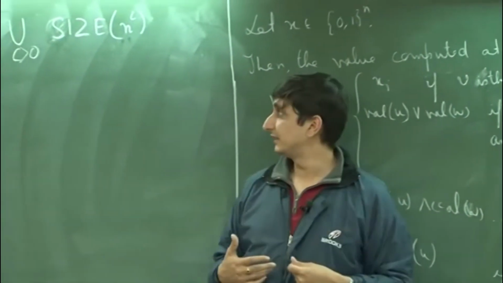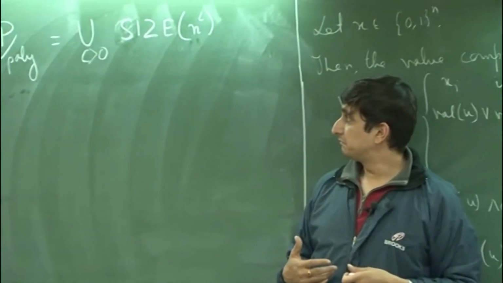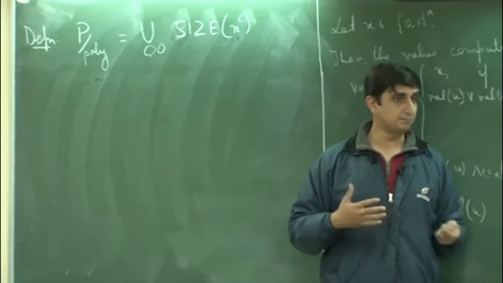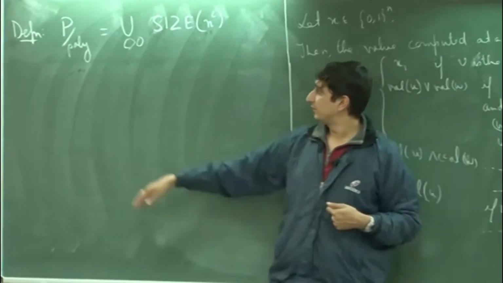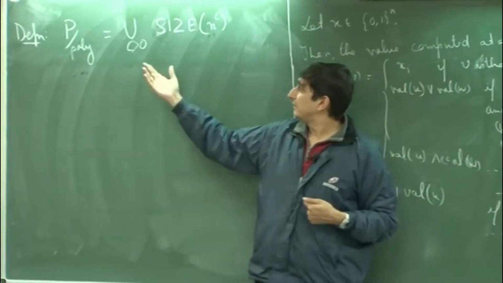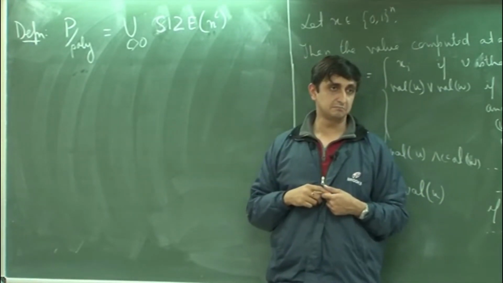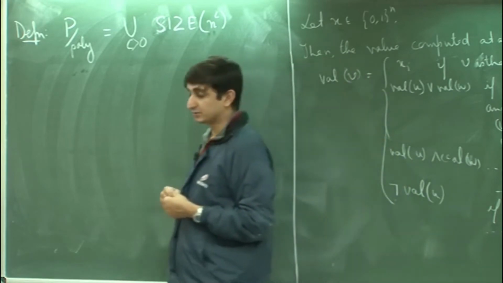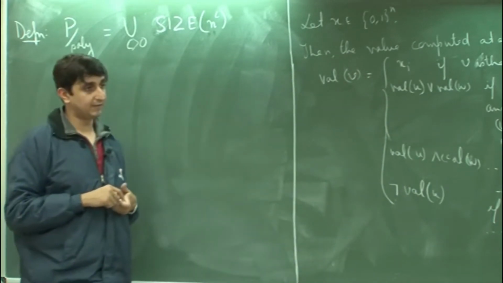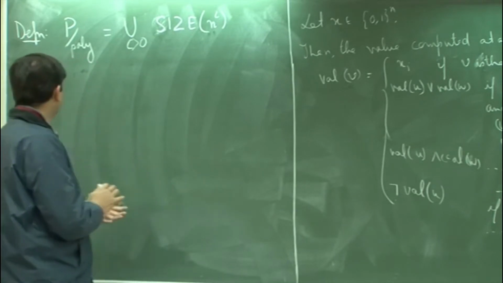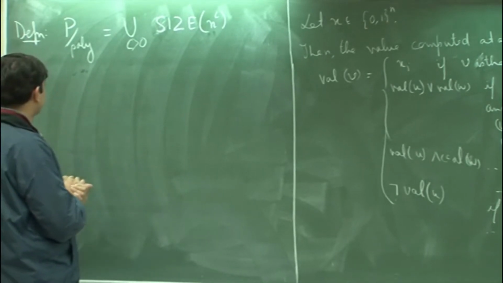What if instead of asking whether there is some NP language which is not computable by a polynomial time Turing machine, we relax and ask whether we can at least show that there is a family of such circuits which is not able to compute some NP language. So, this is the class which I was talking about.